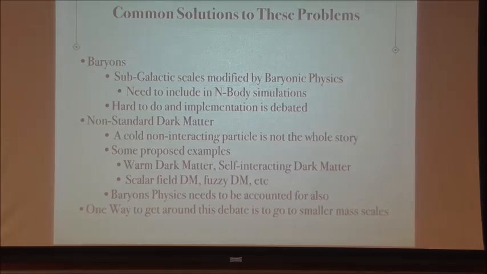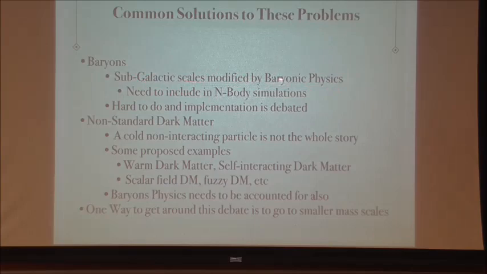So the solutions to these problems basically fall into two general categories. I've tried to emphasize that these are comparing to dark matter only simulations. So obviously we don't observe dark matter, we observe galaxies. So you first say, okay, maybe because you didn't add galaxy formation into your simulations, that screwed up your measurements.